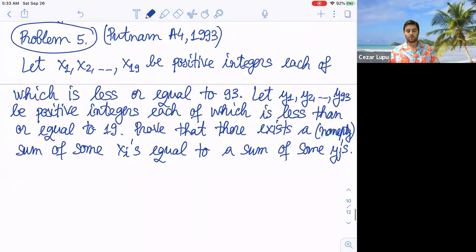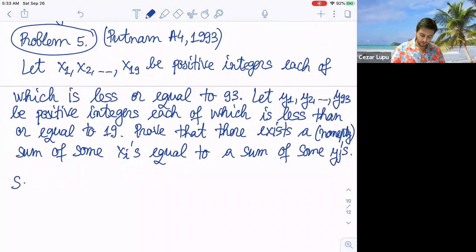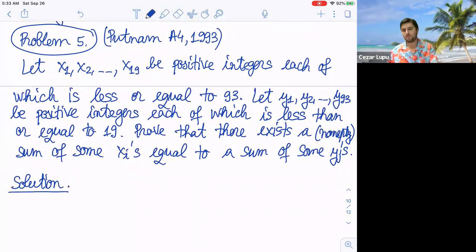Okay, so that's the problem. Look at the statement. Anyway, what I'm trying to say is that it doesn't really matter if it's 19 or 93. It's, like I said, very artificial.